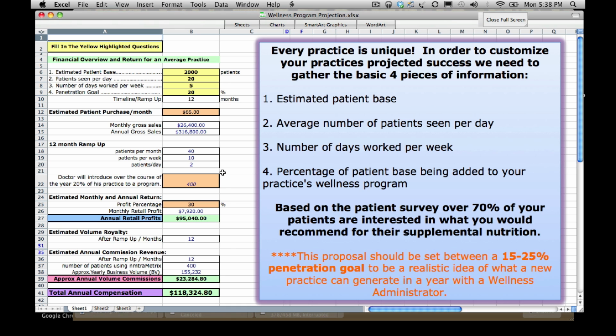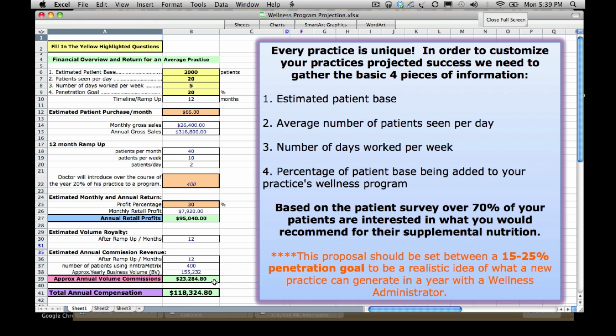So during those 12 months while we're ramping up, they are earning commissions, but it's gradually increasing week over week and month over month until once we have 400 patients ordering $66, this is their annual additional bonus in conjunction with the retail profits they experience in their own practice, which brings the yearly total or annual compensation up to $118,324.80. So that's very nice income.